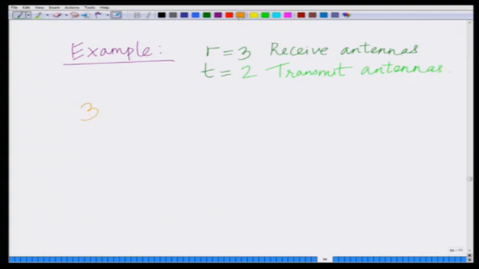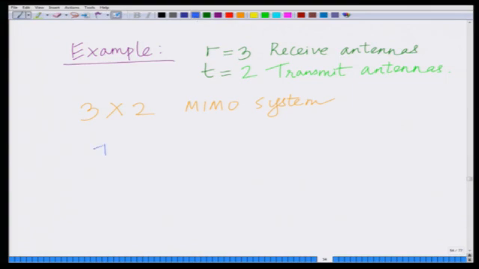So, in effect this is a 3 cross 2 MIMO system. We refer to the MIMO system as an R cross T MIMO system. Since R equal to 3, T equal to 2, this is a 3 cross 2 MIMO system.